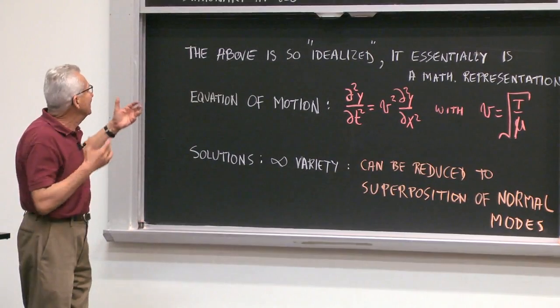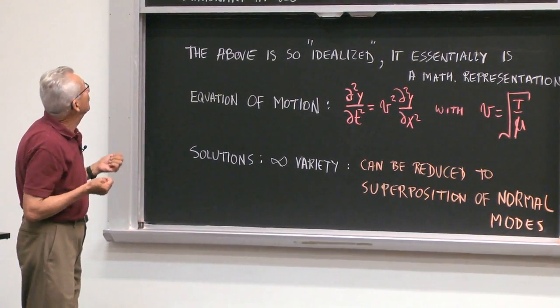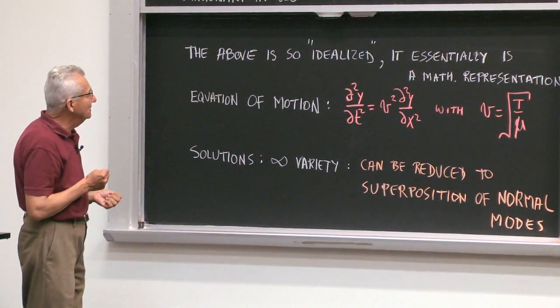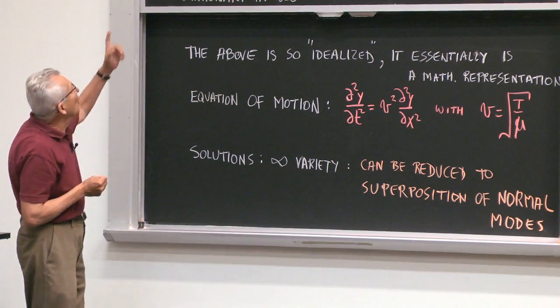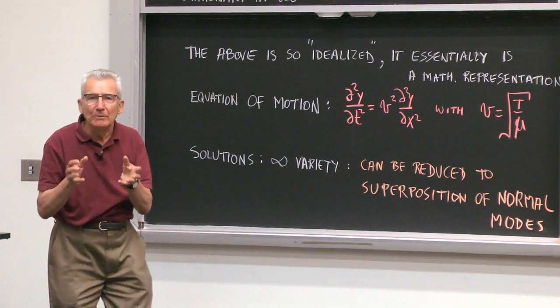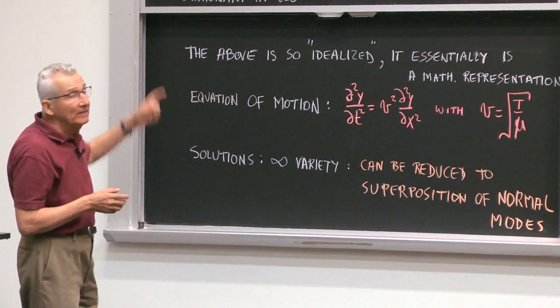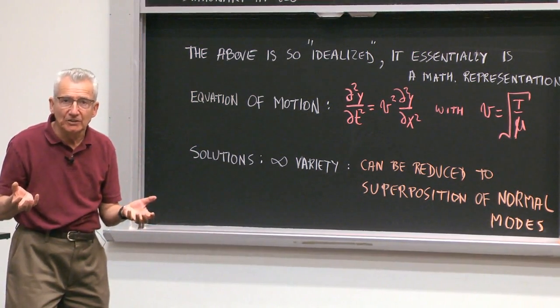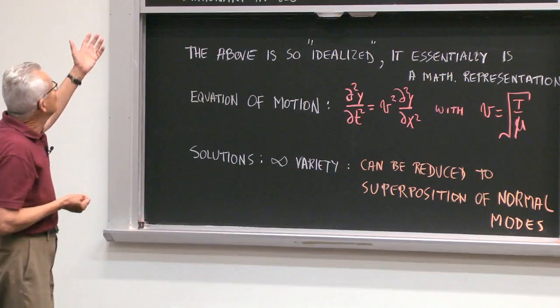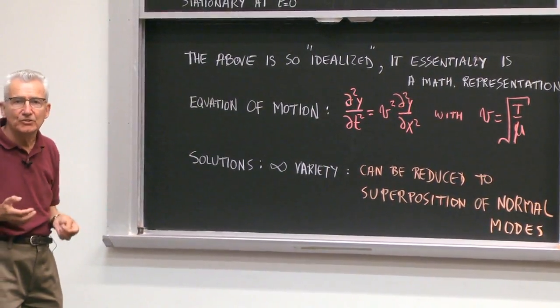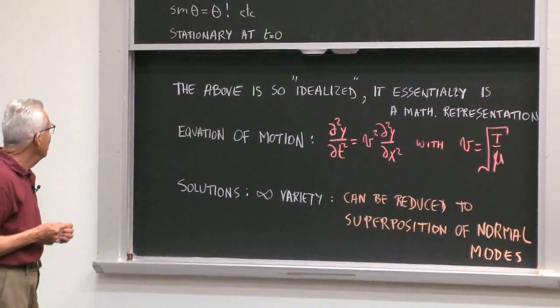The above, as I was just saying, is really highly idealized. It is almost a mathematical representation already of a real situation. So you could imagine this almost being a mathematical description of the situation.